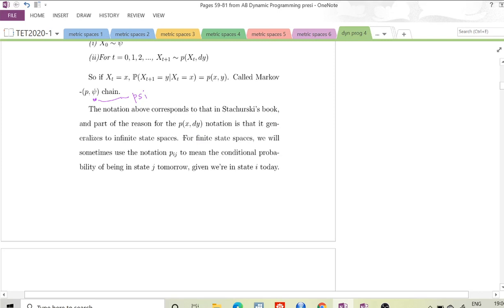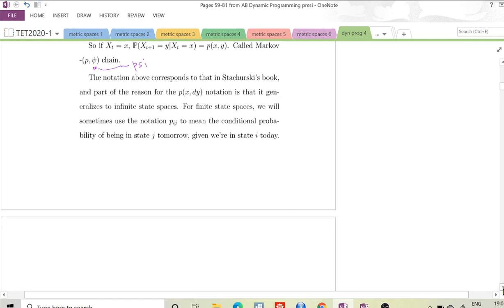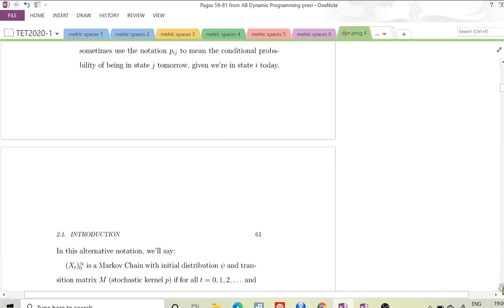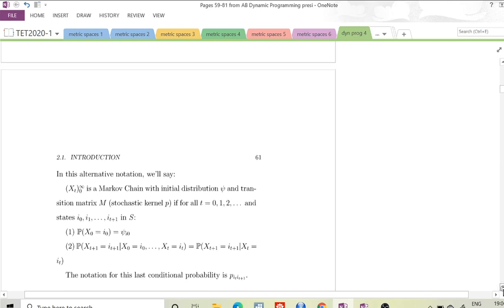But when we talk of finite state Markov chains, often a more convenient notation is P subscript ij, and that means the conditional probability of the state being j tomorrow, given that it's i today. Okay, so this is an alternative notation that is very often used when we restrict ourselves to finite state Markov chains.